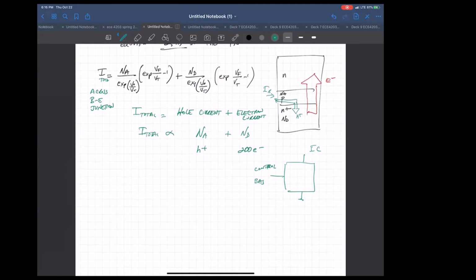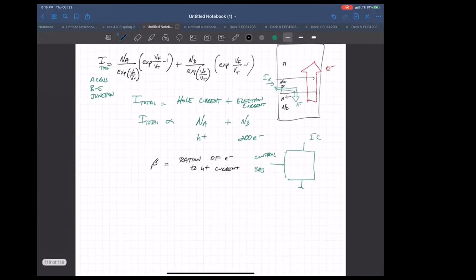And that ratio, something more goes into it, but that ratio is called the beta. It's the ratio of electron to hole current. And again, it's completely determined by the difference between the doping concentrations.